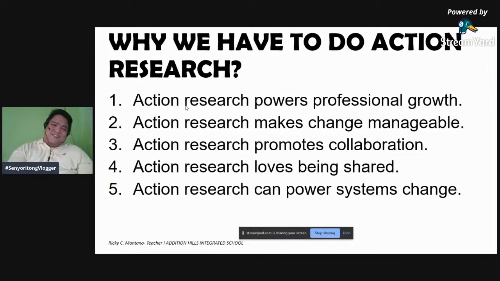Why don't you try to apply it in your class if you're a teacher? It is meant to be shared, because good teaching strategies are meant to be shared.